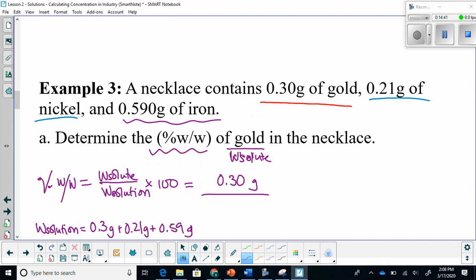When we add that all up, that should give me 1.10 grams. When we plug this in, this number will then go here, 1.10 grams, and multiplied by 100 because it'll give us a percent. So times by 100.